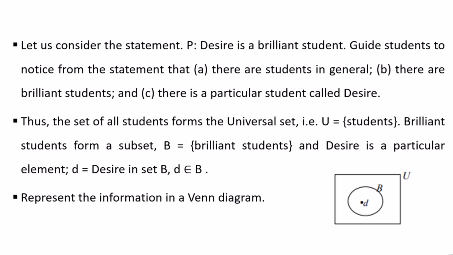So the universal set becomes students. There will be another set called brilliant students. Then Desire is a particular element in the brilliant students. So this is how your Venn diagram will look: general students, then the brilliant students, then Desire will be in this.